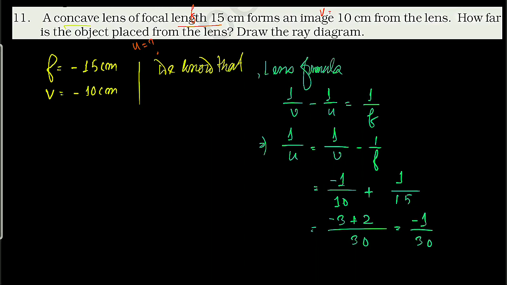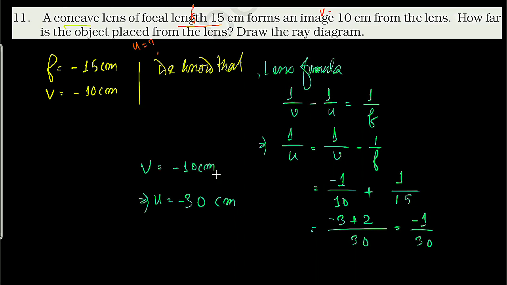So u is going to be minus 30 centimeter. We have got the object distance as minus 30 centimeter, and the image distance v equal to minus 10 centimeter.